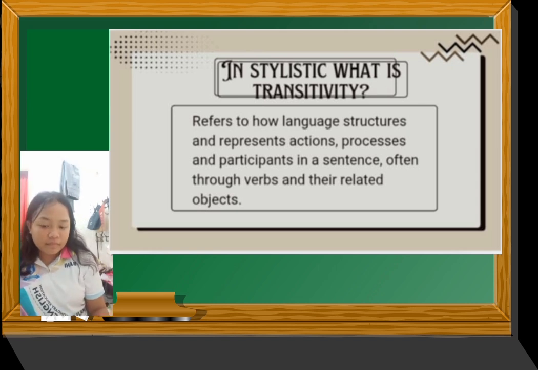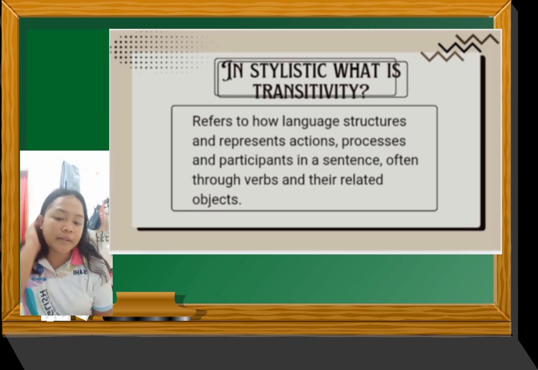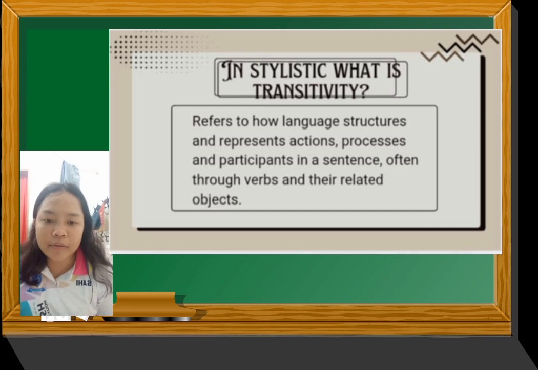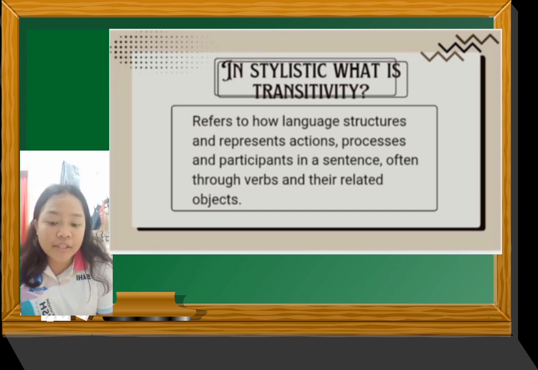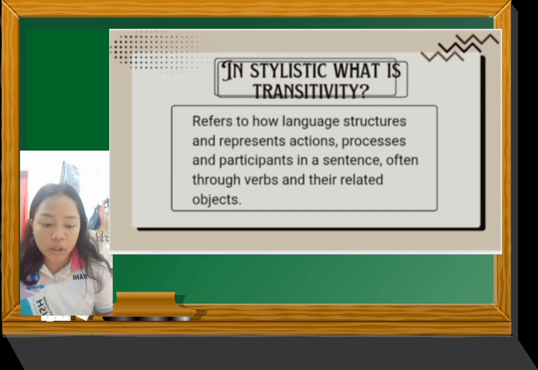Example number two is all about mental processes and internal state. In a passage describing a character's thoughts, there is a mental process like, for example, he wondered if he had made the right decision.